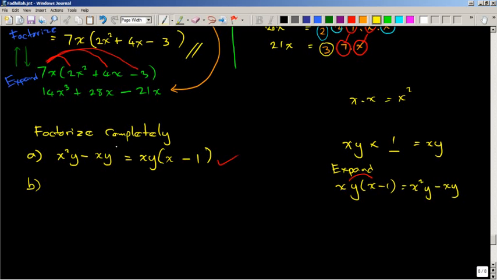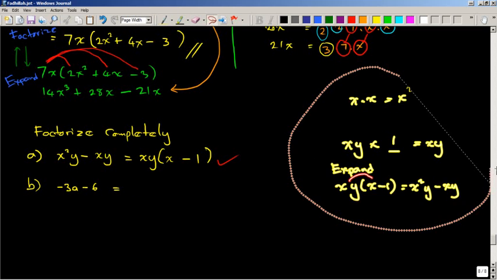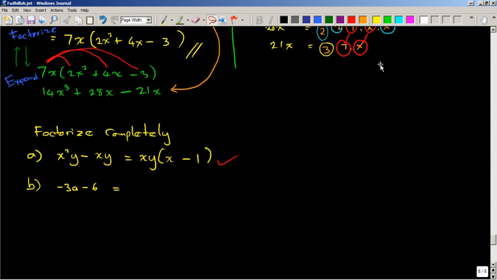Okay, now. B minus 3A minus 6. Factorize completely. Macam mana?